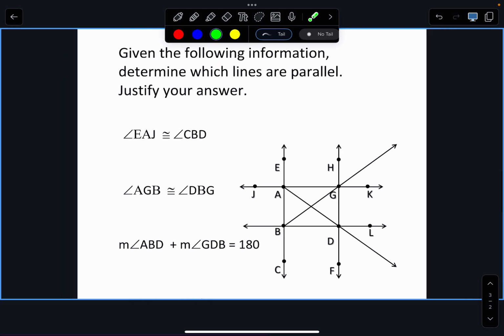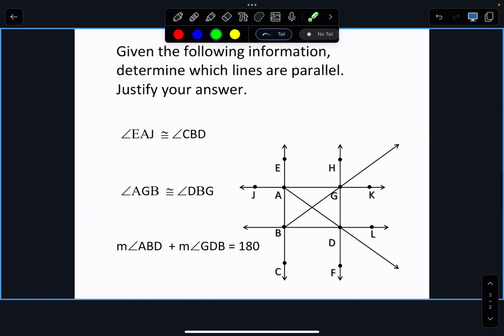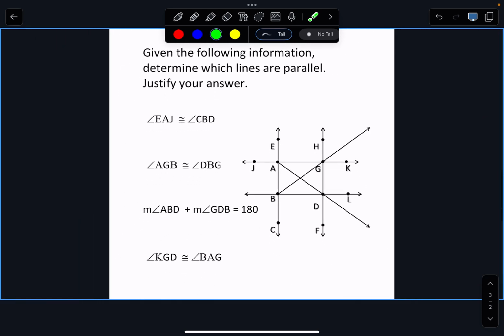What I would like you to do is turn to this page. I'm going to guess that it's page 3. Page 3 in your packet.